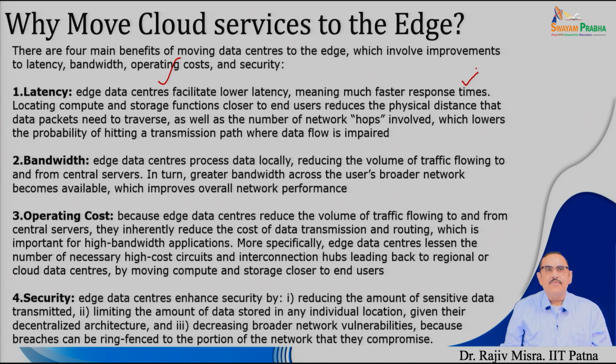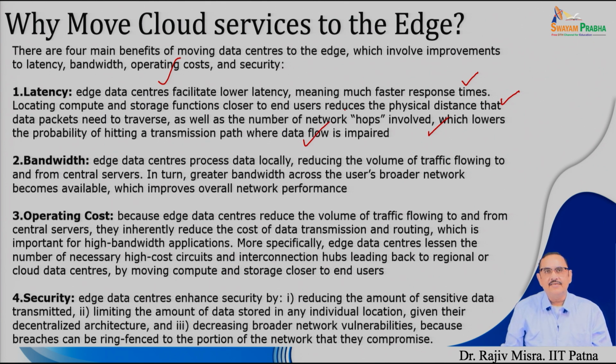Locating the compute and storage closer to the end users reduces the physical distance that the data packet needs to traverse, as well as the number of hops involved, which lowers the probability of hitting a transmission path where the data flow is impaired.